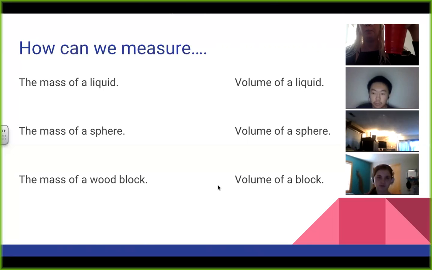Would I just take the whole cup and place it on a scale and say, oh, cool, my water weighs 200 grams?